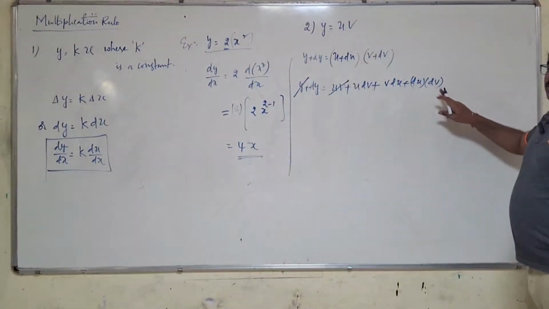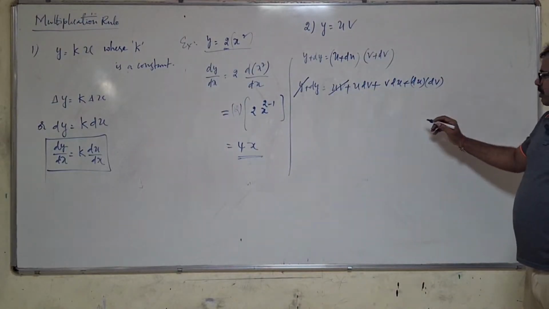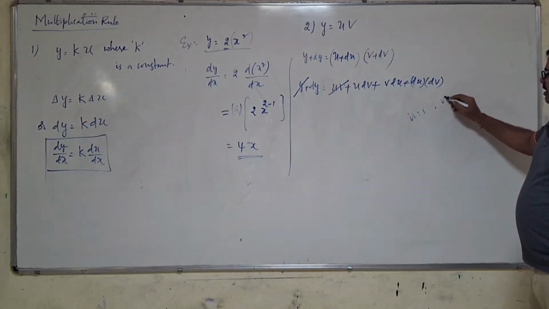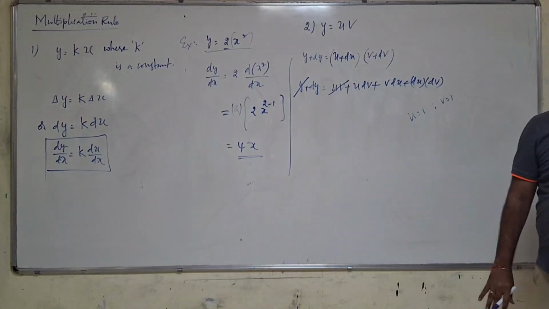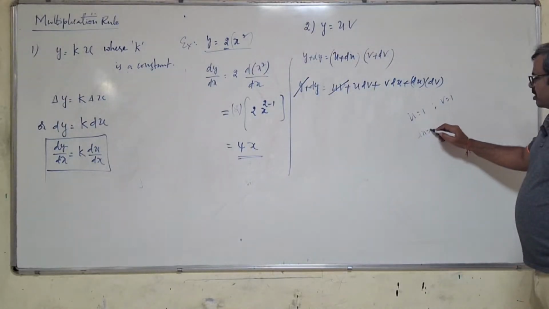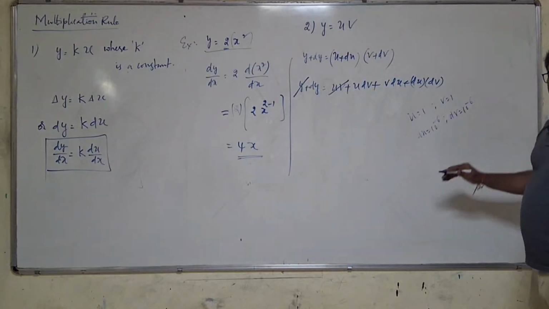Now du into dv becomes negligibly small. I'll tell you how. Suppose u is equal to 1, v is equal to 1 at an instant. du is equal to, let's say, 10 power minus 6. dv is equal to 10 power minus 6.